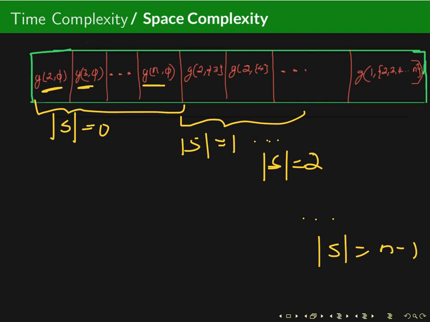That is the last case. That is g of 1, {2, 3, 4 up to n}. So in this case, the subset size is n minus 1. So all these g(i, S) values have to be calculated and stored in a linear data structure so that the final min cost, which is this one, that is g of 1, {2, 3, 4 up to n}, can finally be calculated.